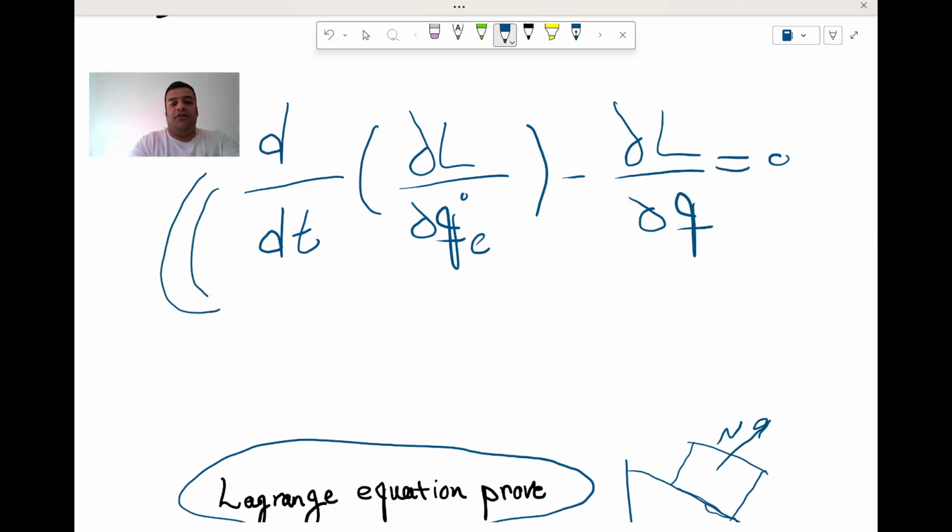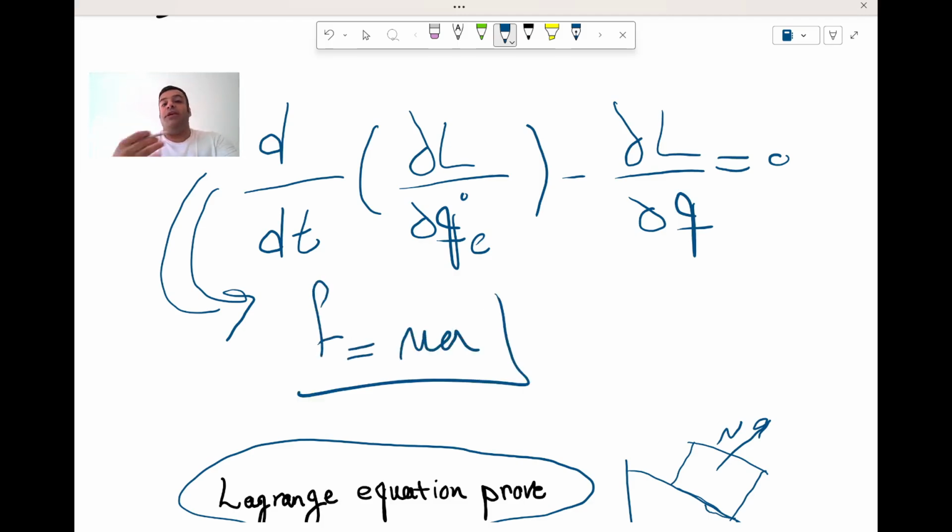Therefore, if you use it instead of F equals ma, under some conditions it is much more applicable than this one, because if you have polar coordinates you can never use F equals ma easily, it's so hard, or if you have a constraint you can immediately use the constraint in your formula, and you must use this.